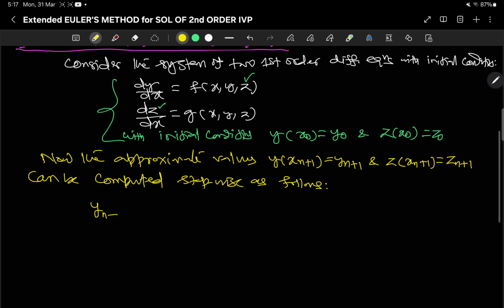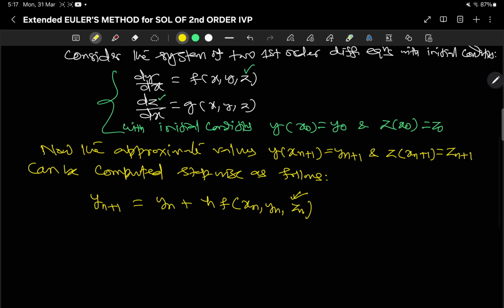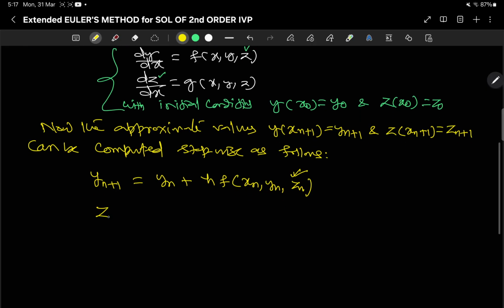Here y_{n+1} is equal to y_n plus h f(x_n, y_n, z_n), and z_{n+1} is z_n plus h g(x_n, y_n, z_n). So for computation of this z_n, we have to depend upon this in the subsequent stage.